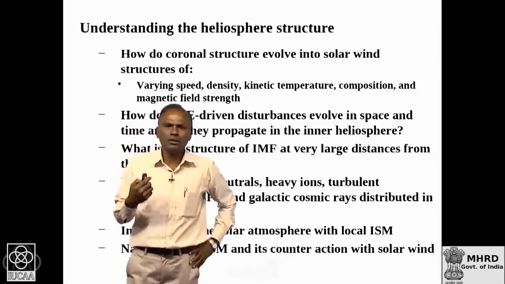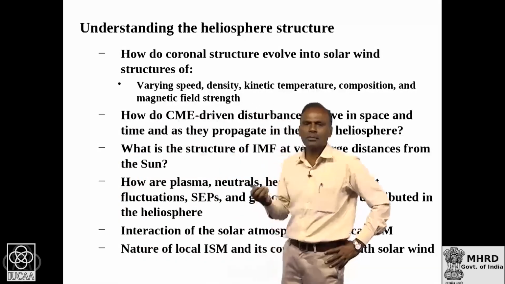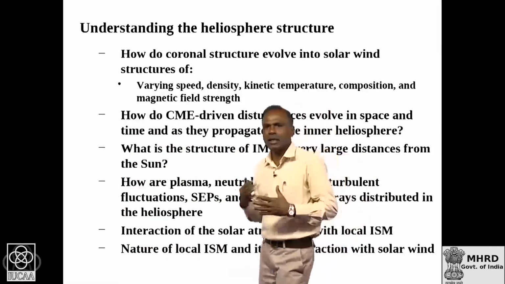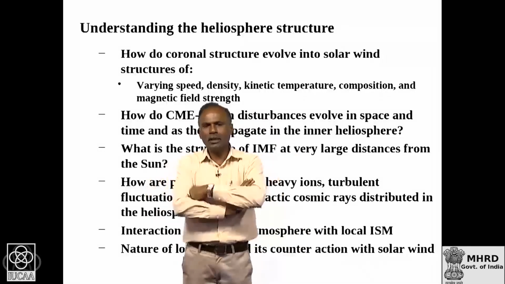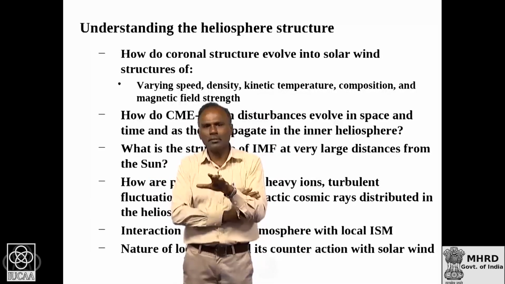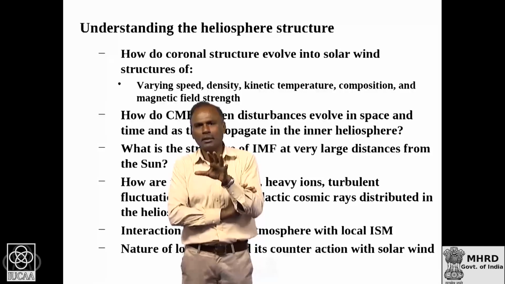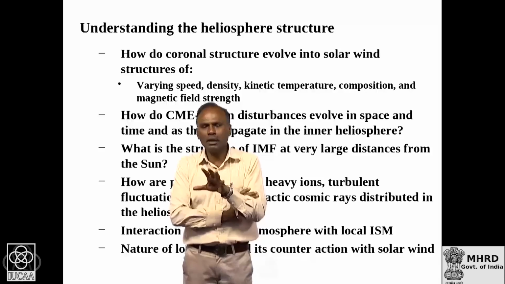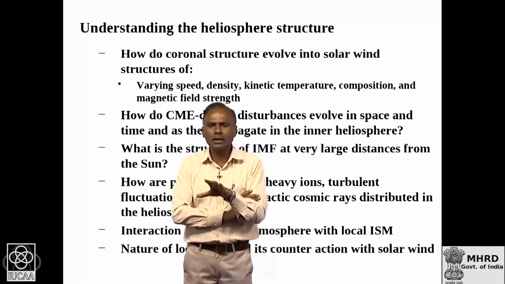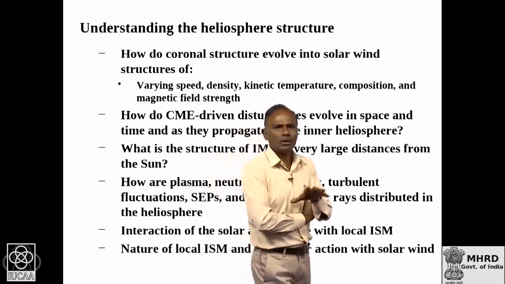How are plasma, neutrals, heavy ions, turbulent fluctuations, SEPs and galactic cosmic rays distributed in the heliosphere? One topic we did not touch upon: the interplanetary magnetic field plays a major role in controlling the galactic cosmic rays entering the Earth's atmosphere.